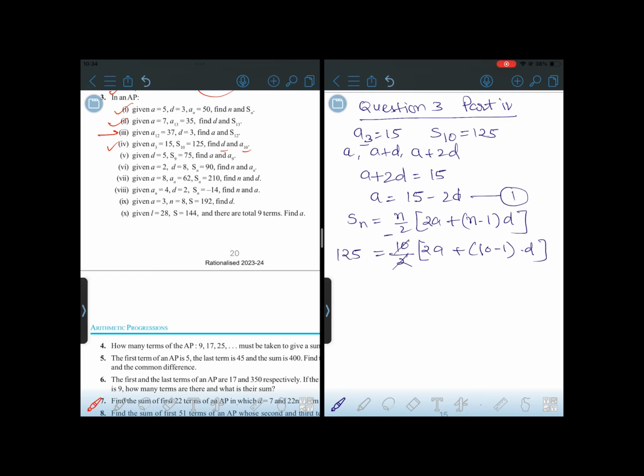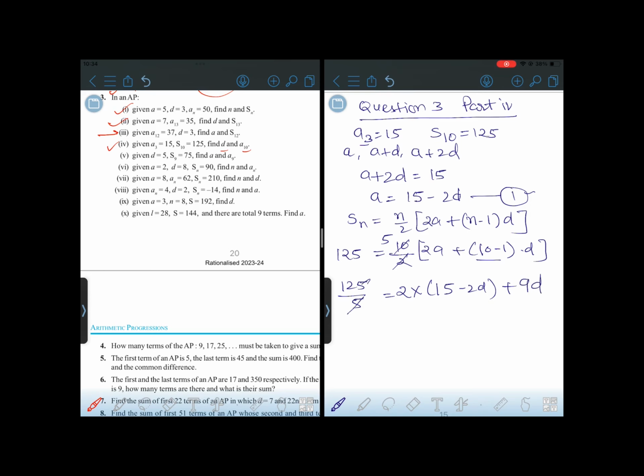So now this is 5, that is 125 upon 5 is equal to, now we can substitute the value of a from equation 1 into this equation. So that becomes 2 into A, which is 15 minus 2D, plus this becomes 9D, right?